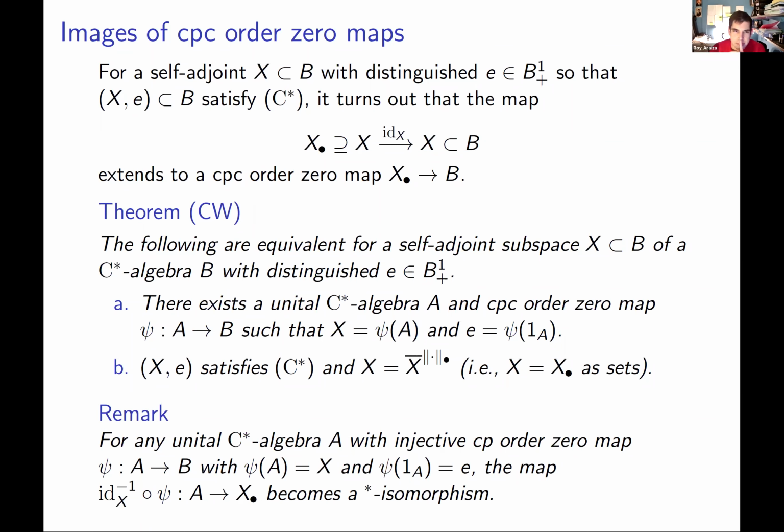Ah, okay, that makes sense, because the bullet construction reminds me of how you would show that an injective operator system is necessarily a C-star algebra. Right. Excellent. And that's basically how I show that X bullet is the enveloping C-star algebra. So if you're comfortable with this notion, then secretly you can think of X bullet as the enveloping C-star algebra. Yeah, that's excellent. Thank you.